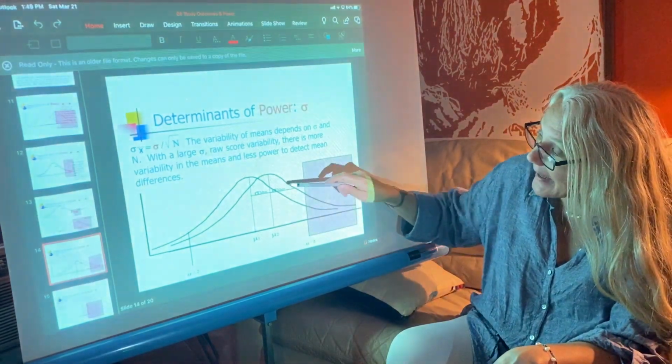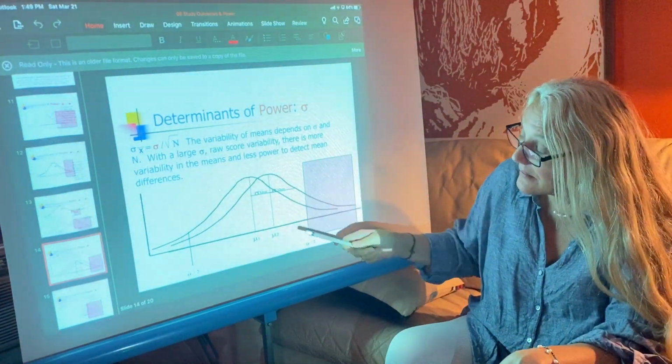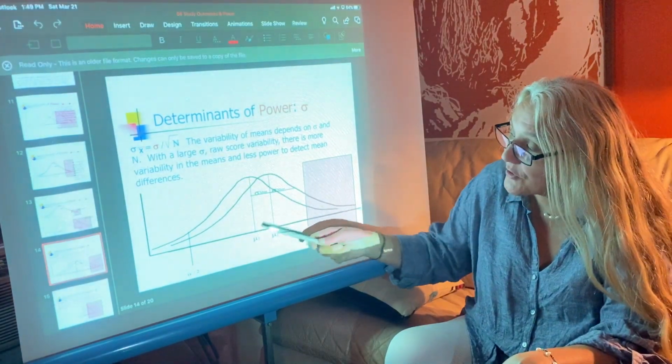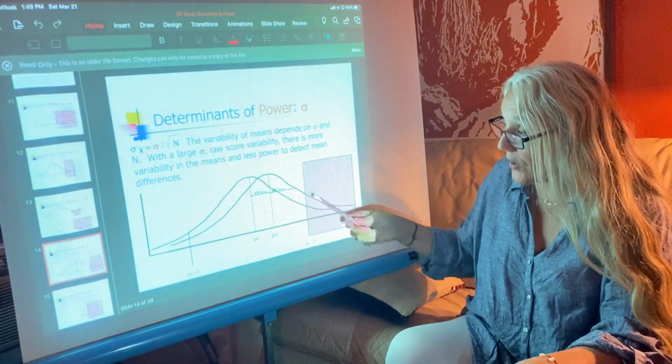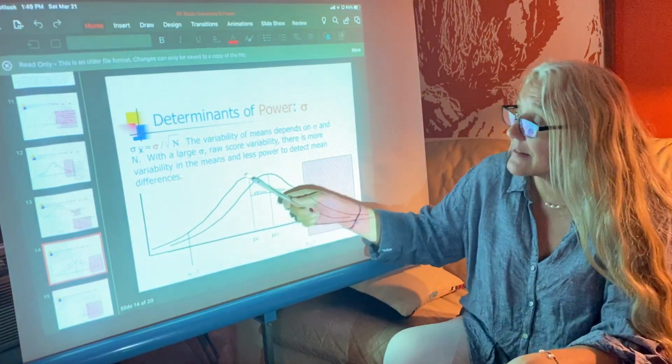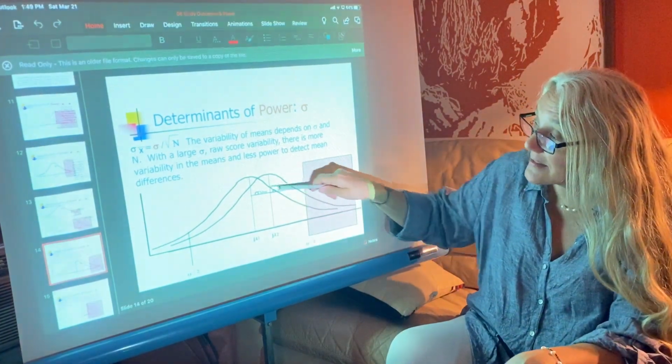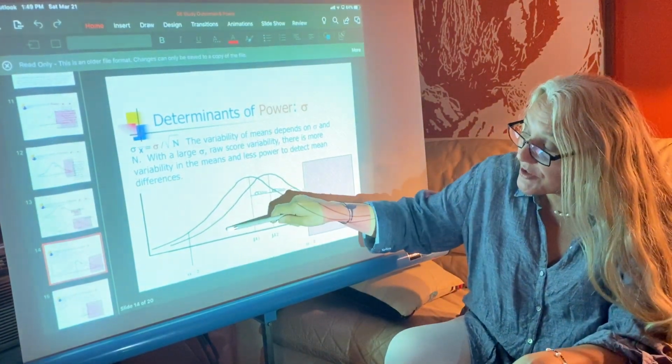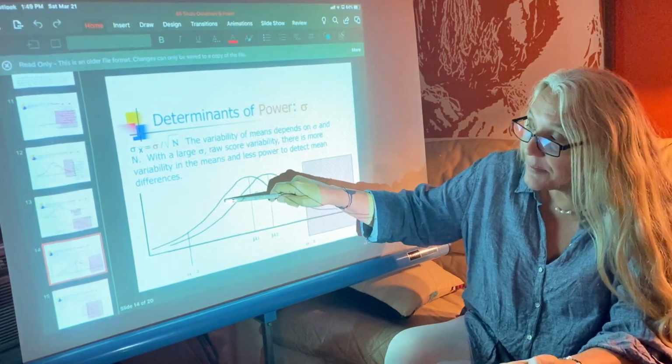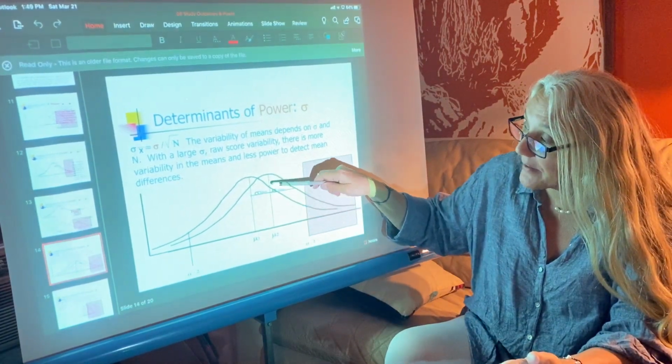Here's the power we have to detect differences between mu2 and mu1 with the distribution spread out in this way, with all this slop. You see how if I pick something right here, it could be from either one. If I pick something right here, it could be from either one.